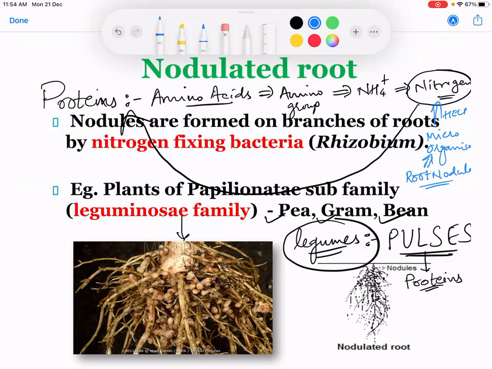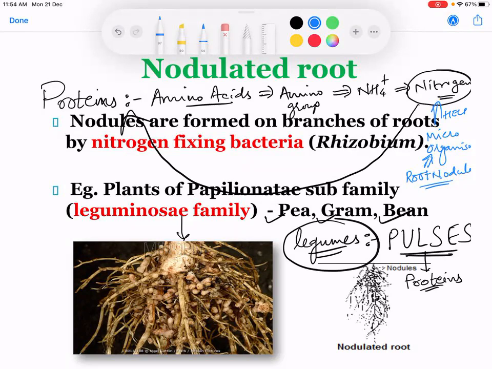They absorb nitrogen from the atmosphere and give it to the plant. So the plant and these bacteria have a symbiotic relationship. The plant gives them a safe residence, and the bacteria give nitrogen, which is important for the plant to synthesize protein.